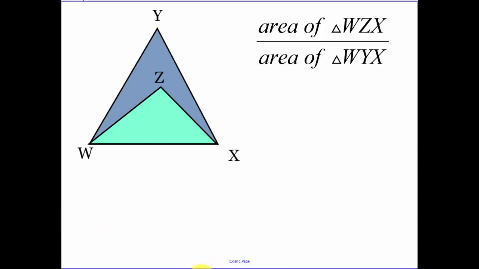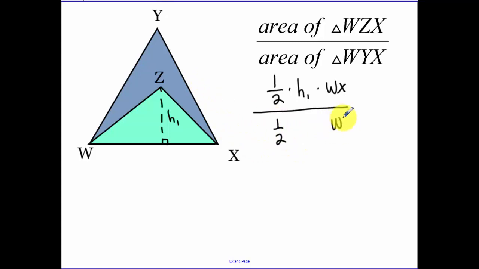Let's look at a different example where triangles WZX and WYX share the same base. So the area of the first one, let's call this height 1. So I have 1/2 height 1 times the base, which is WX. The area of the other triangle, WYX, is 1/2 times the same base, but now I have a different height.